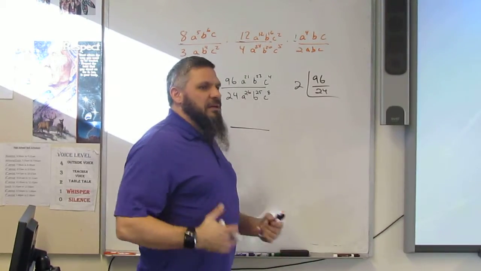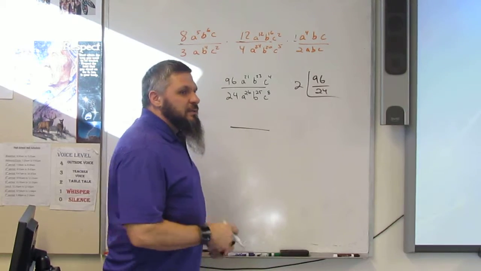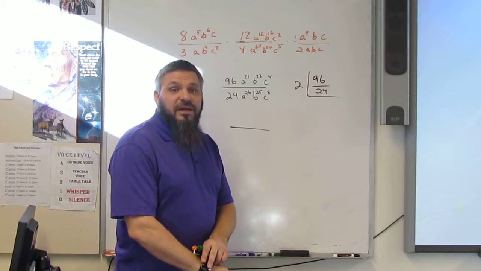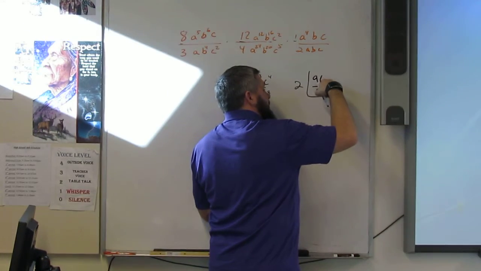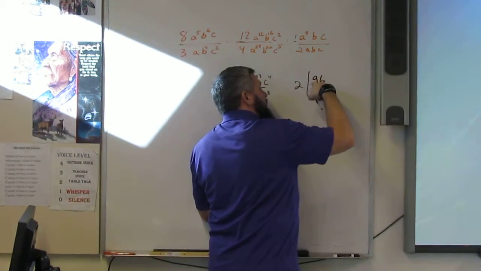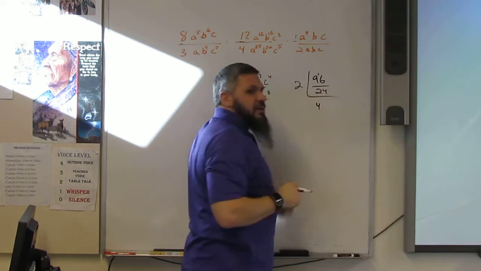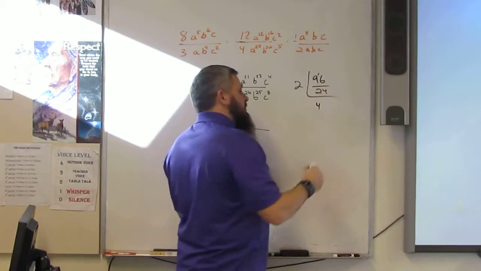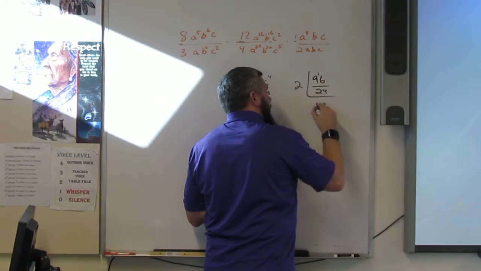Because maybe we're not that advanced and we can't see that 12 goes into both of those. But we know 2 does because they're both even, right? So 2 goes into 96. Well, 2 goes into 6 twice. And 2 goes into 9 4 times with 1 left over. 2 goes into 16 8 times. And then 2 goes into 24 12 times.